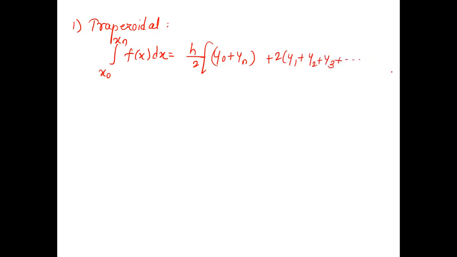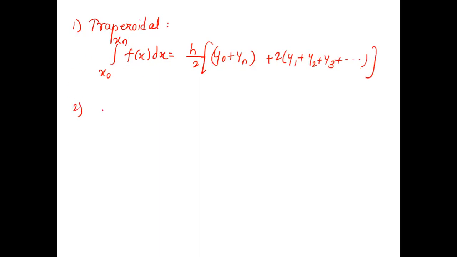Integration x naught to xn f of x dx is equal to h by 2 [y naught plus yn plus 2 times (remaining all y1, y2, y3 plus so on up to yn minus 1)]. Is this correct? बाकी राहिलेले सगळे हे दोन सोडून. करेक्ट आहे का, चेक करा. Okay, this is trapezoidal rule.